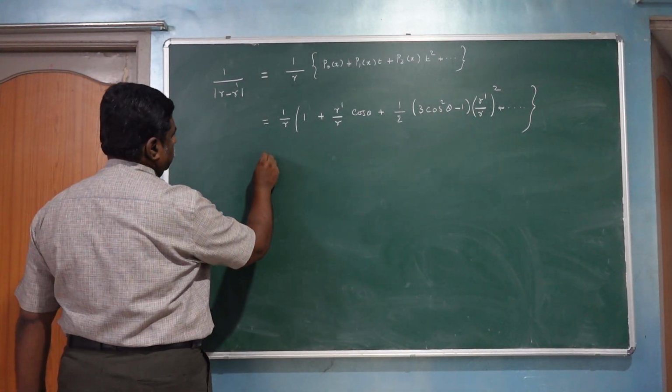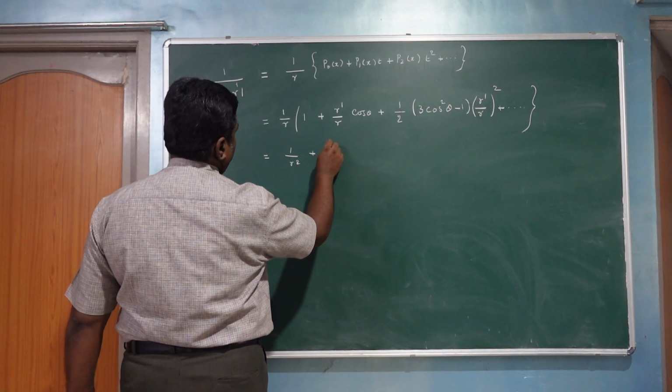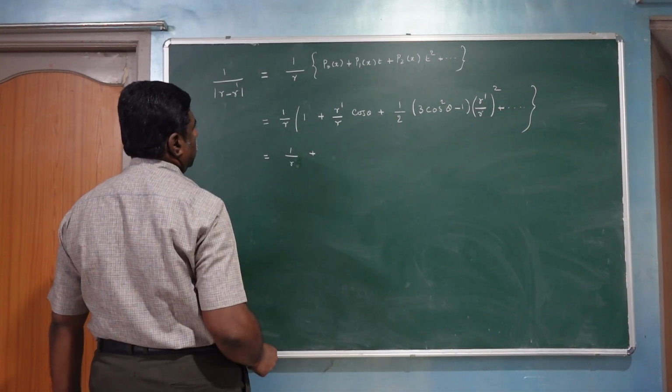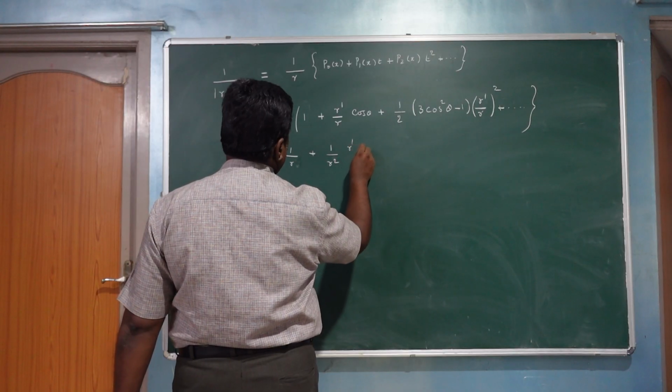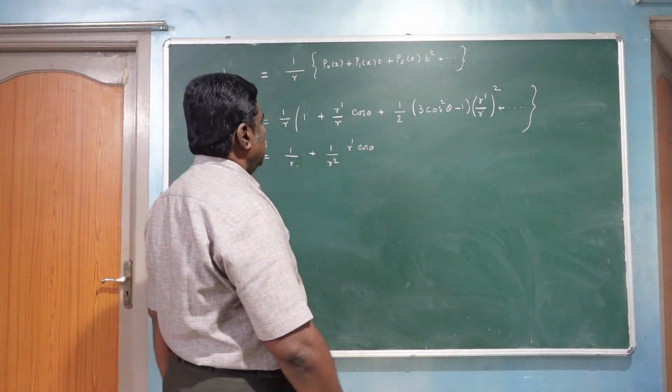If you simplify this, we can get 1 by r square. So here the first term is 1 by r, plus 1 by r square r dash cos theta, this is the second term.